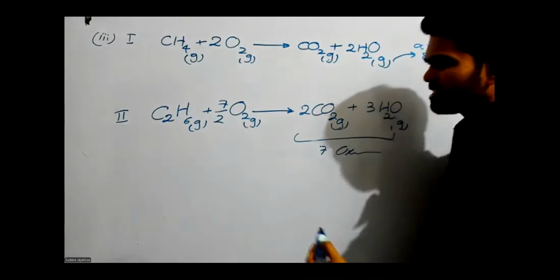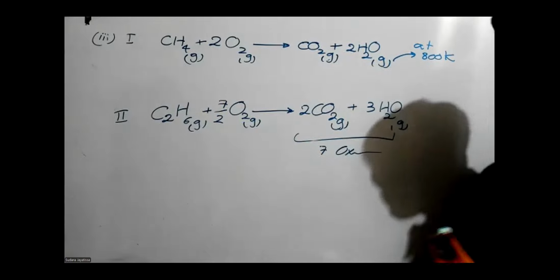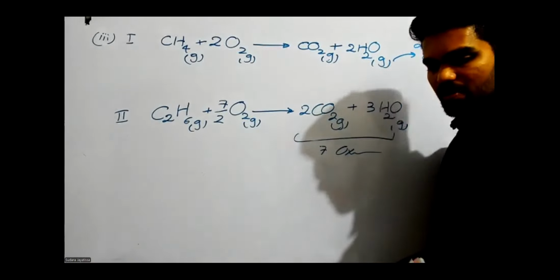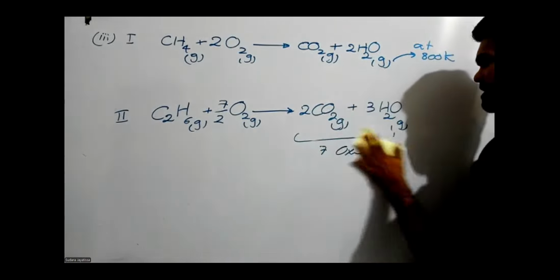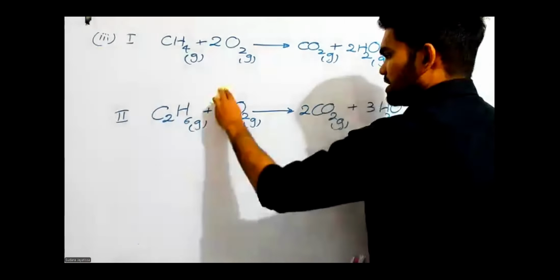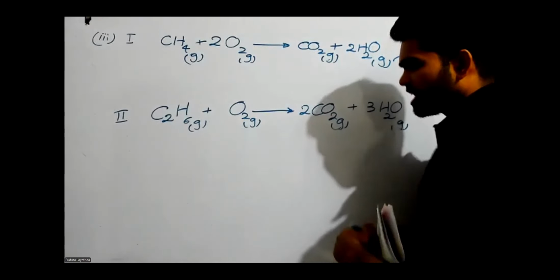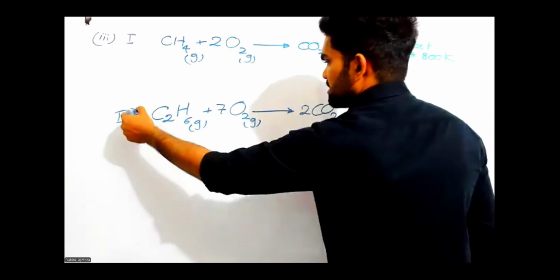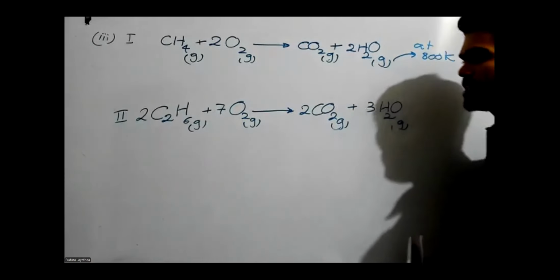But keeping fractions is not a good thing. So what did we do at that time? We multiply the whole equation by 2. When you are multiplying, this side will become 7, and in front of this you have to say 2C2H6.